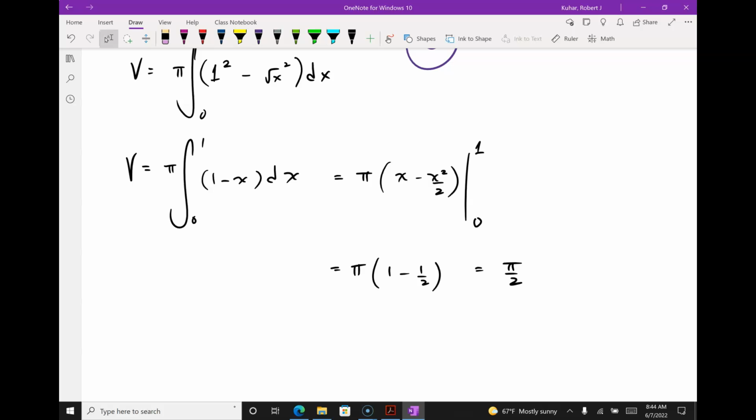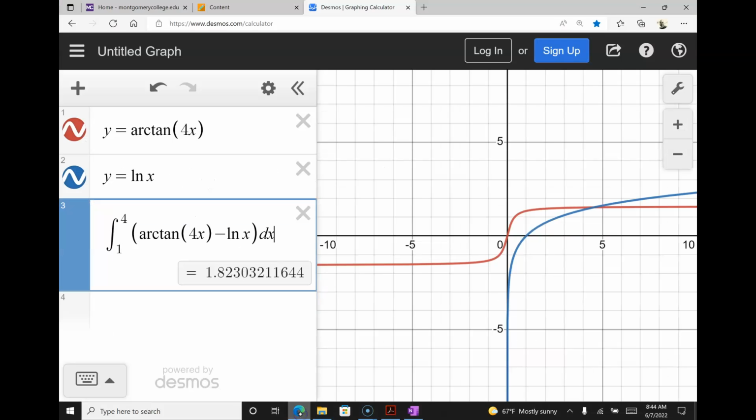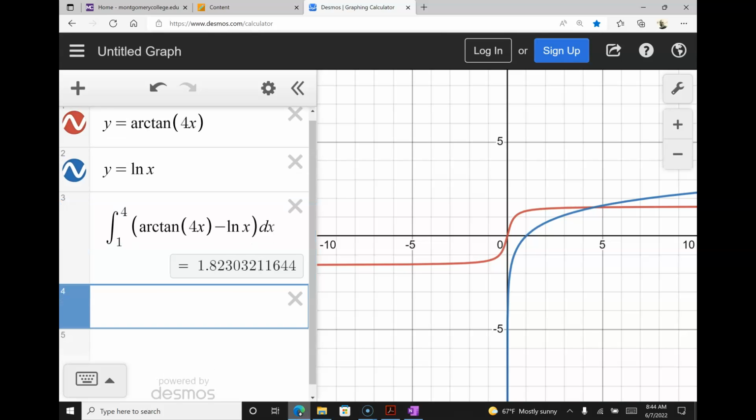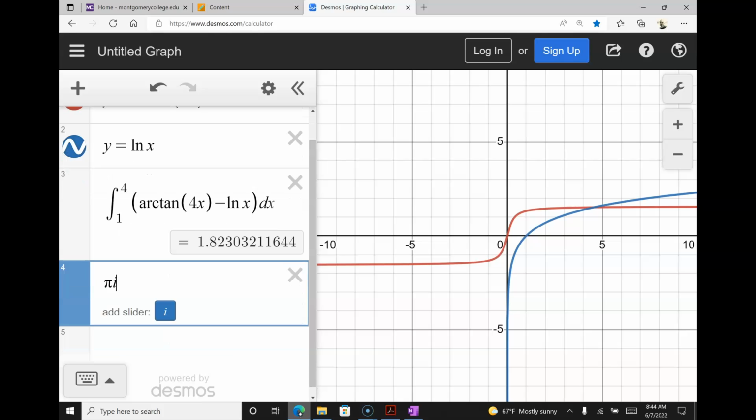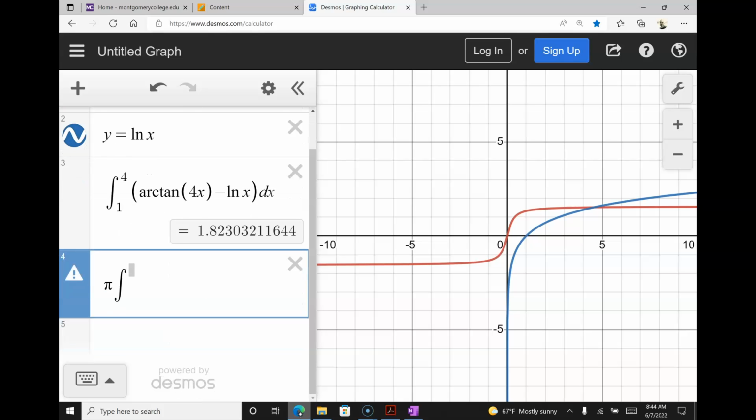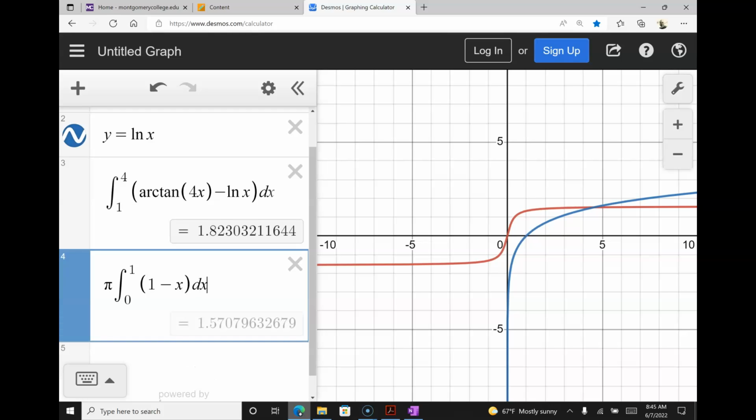Now, of course, we can check that we have the integral right by typing in that particular piece. So I had pi times the integral of 0 to 1 of 1 minus x. So half a pi.